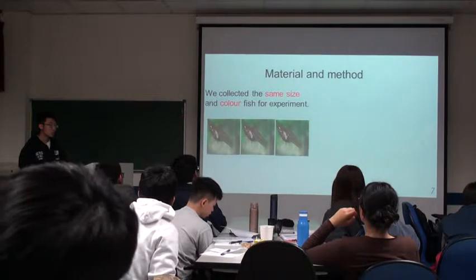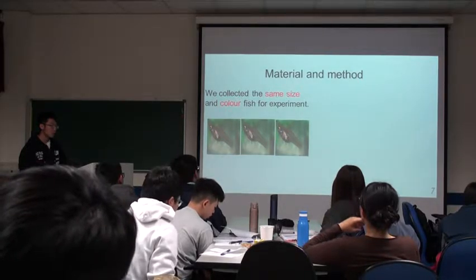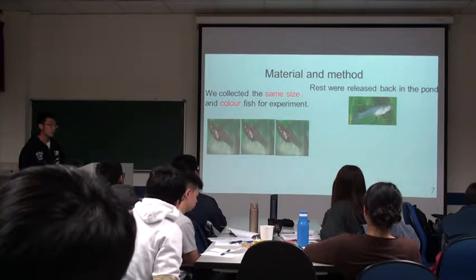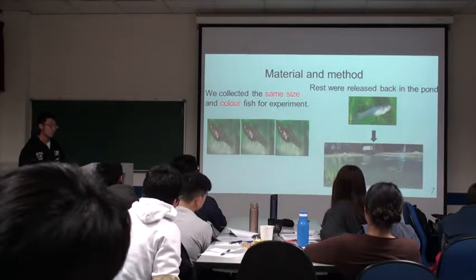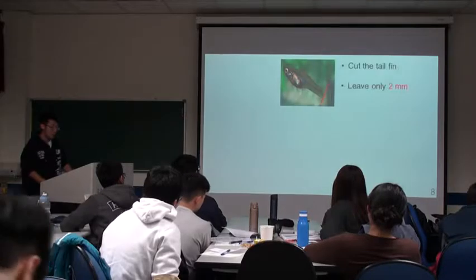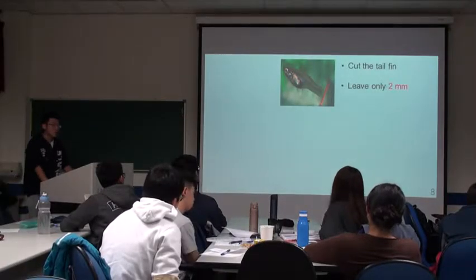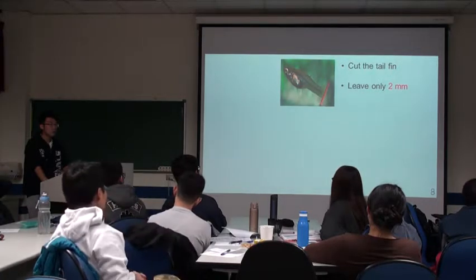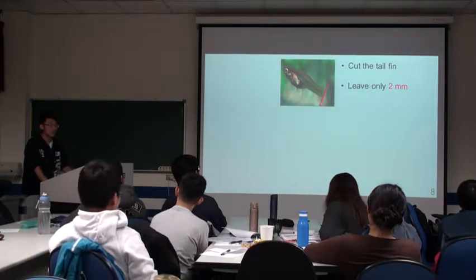We collected fish of the same size and color for the experiment, and the rest were released back into the pond. We cut the tail fin of the caught fish and left only 2 mm of tail fin.